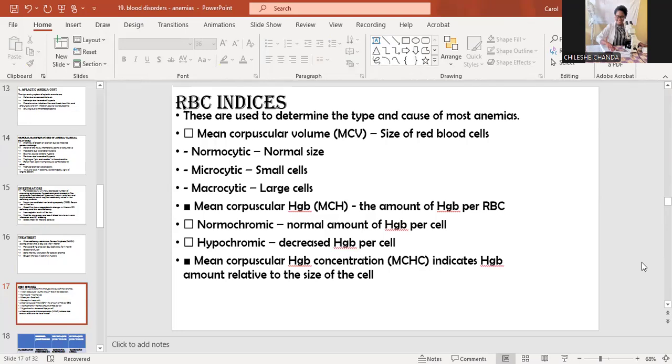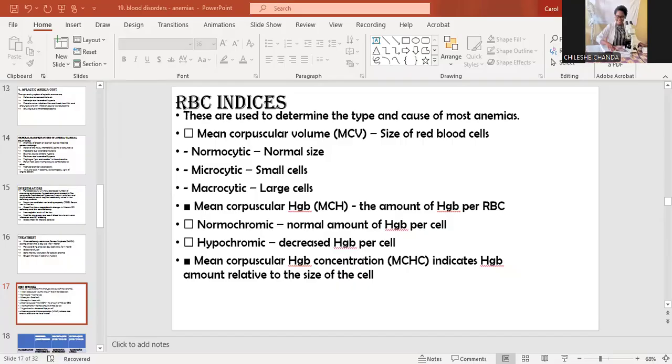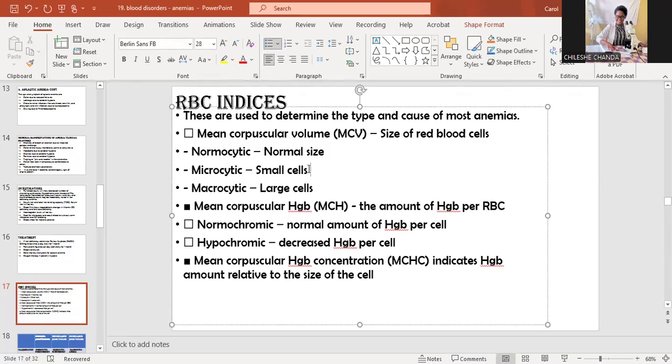For example, we have normal red blood cells in anemias that cause bleeding. And in some anemias, you find that the red blood cells will appear smaller than normal. For example, in iron deficiency anemia, the red blood cells will appear smaller than normal.